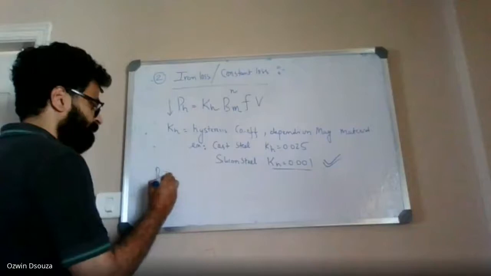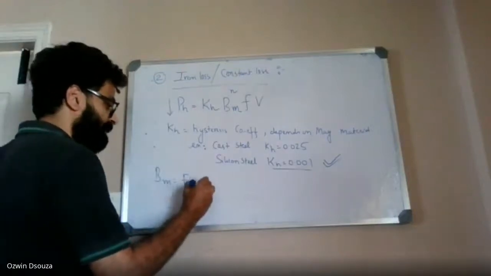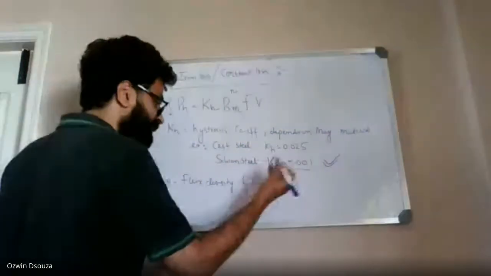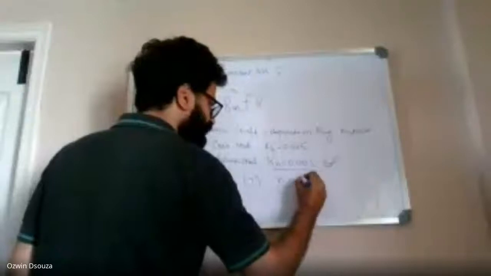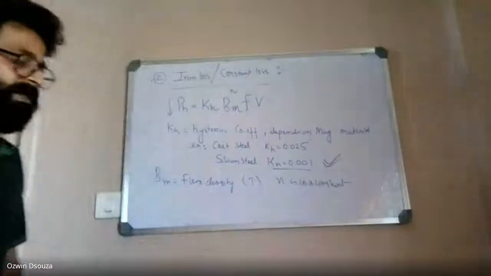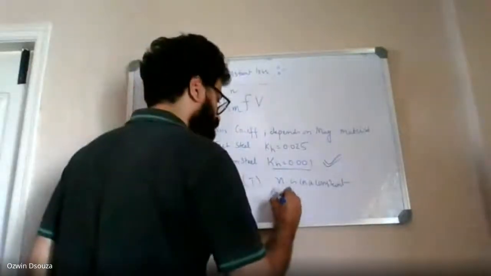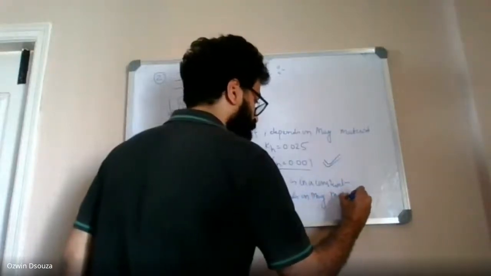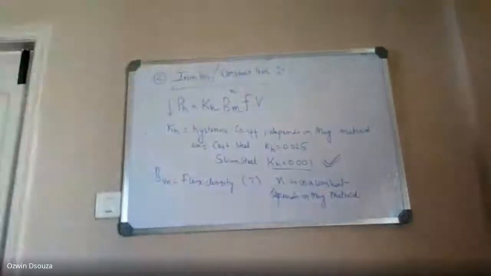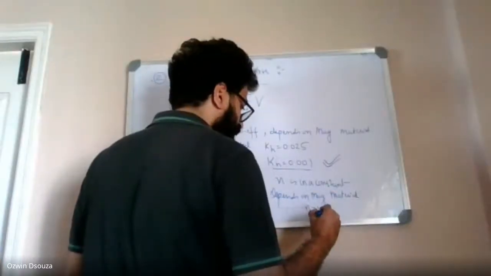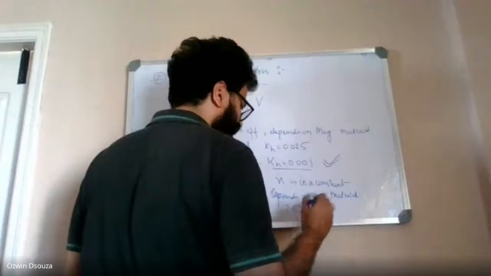The second term, Bm, is called the flux density, expressed in Tesla, and n is a constant which depends on the magnetic material. The n value varies from greater than 1.5 to less than 2.5.